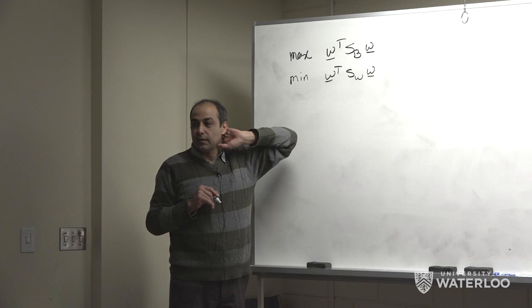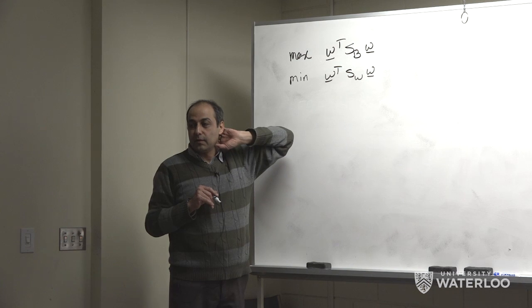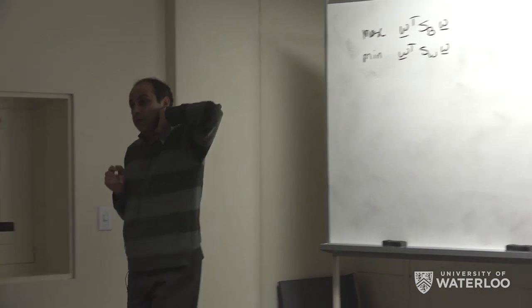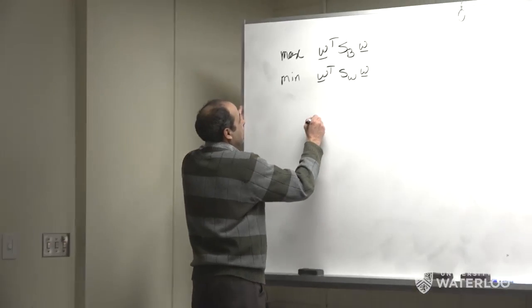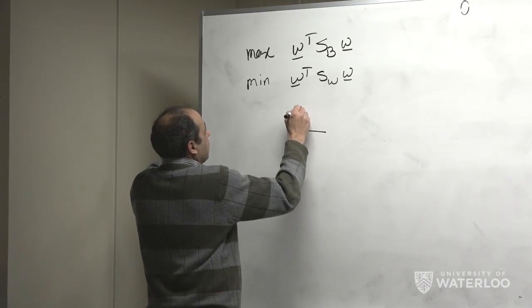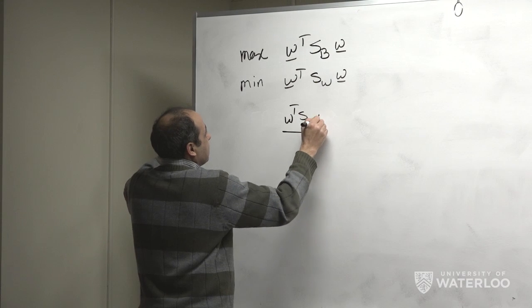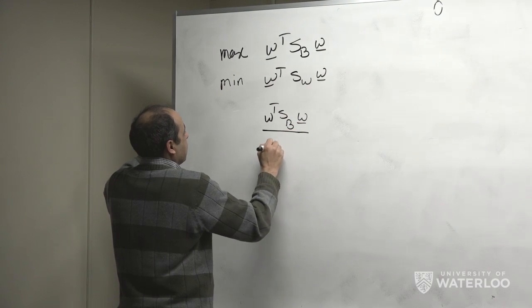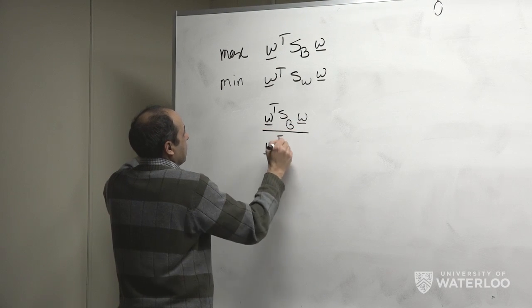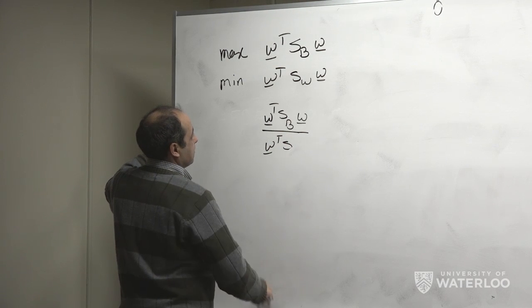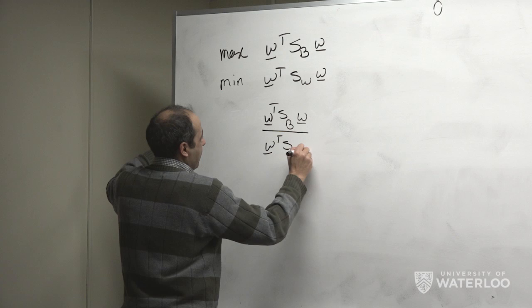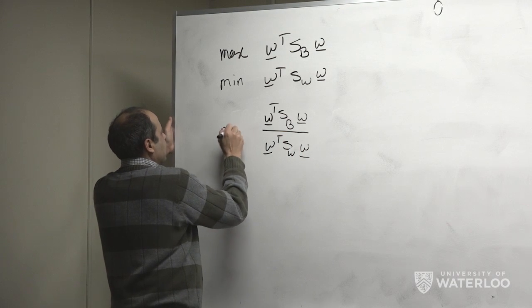Yes? You maximize the division. You can maximize the division, right? You can basically divide these two and try to maximize this.